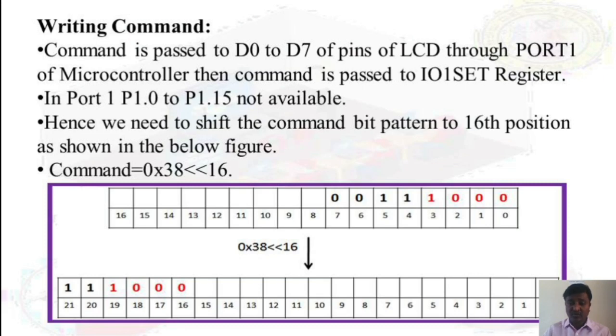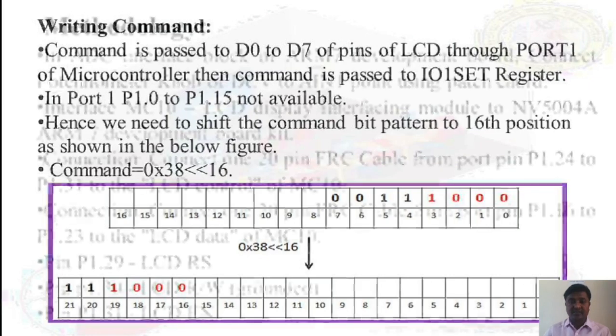In the diagram below the shifted values are shown. See, it is directly shifted by 16 because P1.0 to P1.15 are not available. This is the writing command.